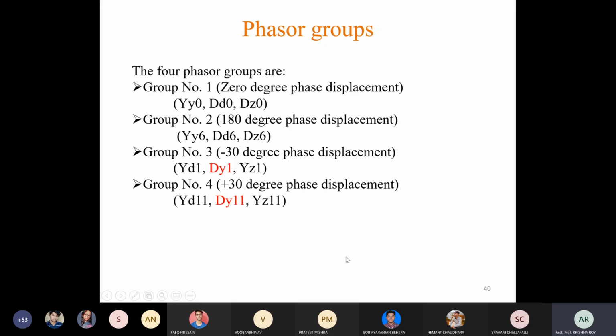So we were discussing phasor groups of three-phase transformers, and so far we have completed YY0, DD0, YY6, DD6, YD1, YD11. Today we will start with these two, DY1 and DY11.